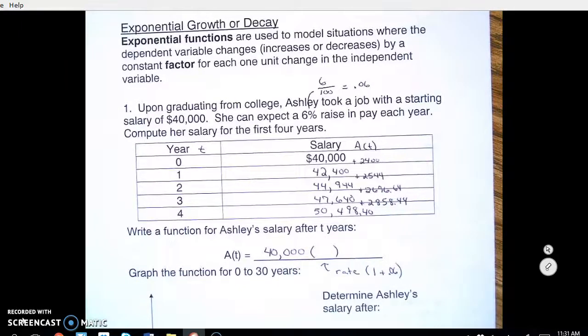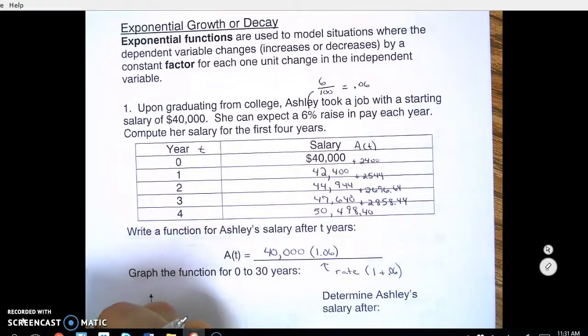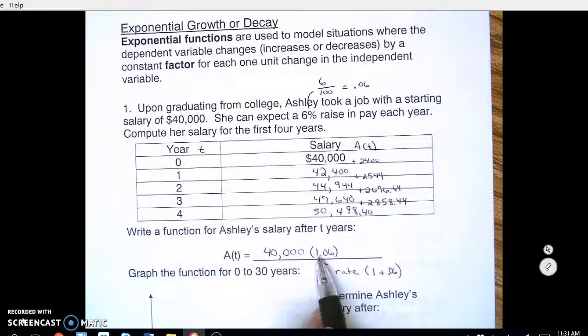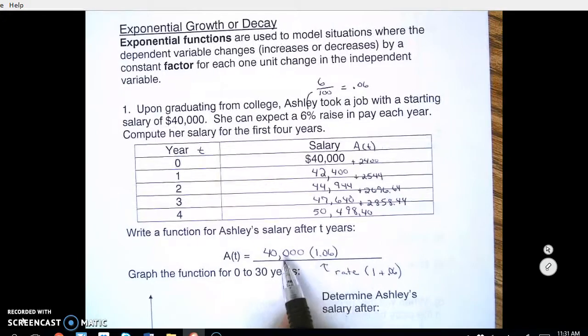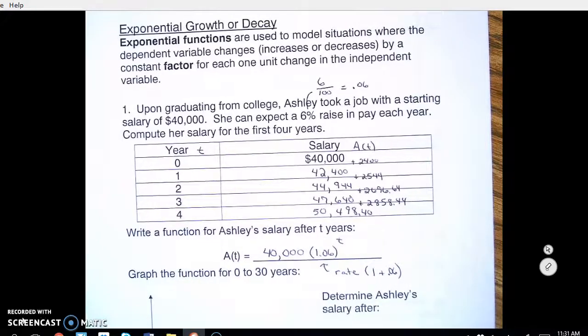So the base for this function is going to be 1.06. 1 for 100%. She's going to get 100% of her salary, and she's going to get 6% of her salary. And it's going to be in t years. So this is going to represent Ashley's salary in terms of time.